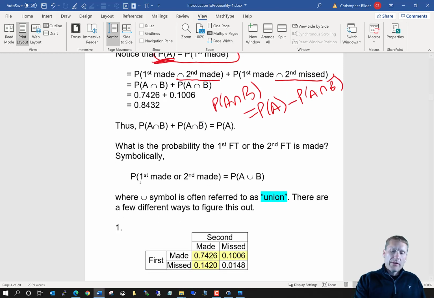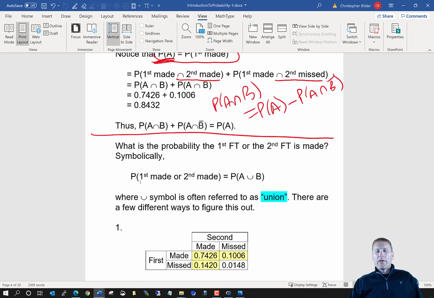Now, there may be times where, rather than and, meaning A and B or A intersect B, you might be interested in the probability that A or B occurs. Where that or actually means either-or.